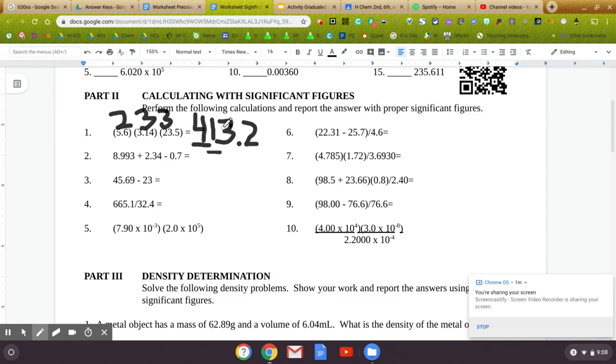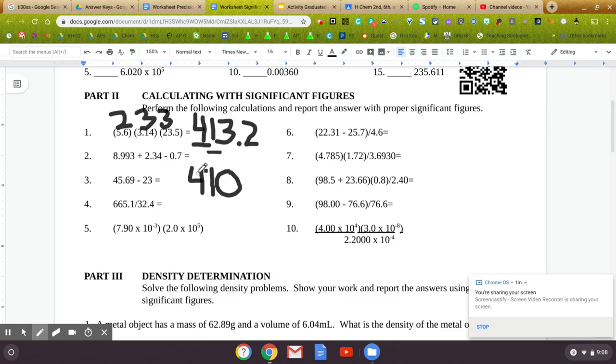We have a 1 trailed by a 3, which means that our final answer has to have a 4, and then whatever rounding happens with a 1 trailed by a 3, which is just a 1. But then since this is in the tens place value, we have to put something behind it so that it pushes the 1 into the tens, and we can put a 0.